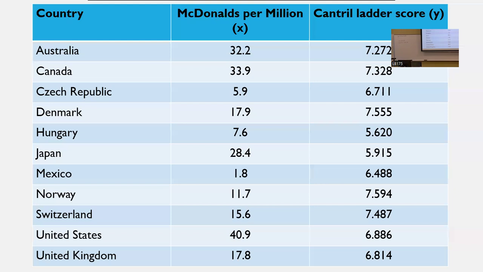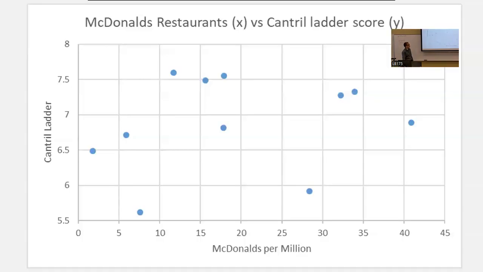It's a statistical measurement which, in layman's terms, gives me the overall level of happiness. If you did a scatter plot with these data, where X is the number of McDonald's restaurants per million people and the Cantrell ladder score is the Y, you get a scatter plot like this.